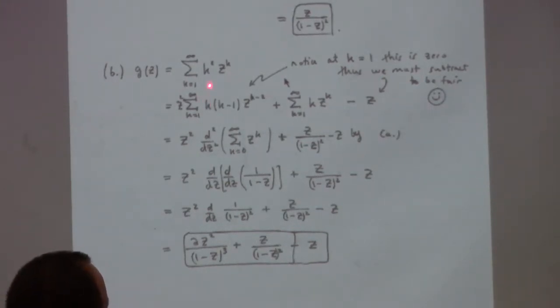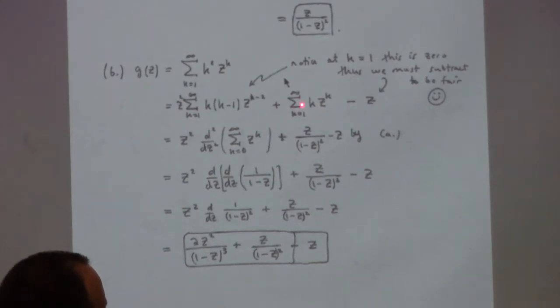So what I do here, I changed my z to the k to a z to the k minus 2 by pulling out the z squared, and then I changed my k squared to a k times k minus 1, which is to subtract k copies of this, right? So having subtracted k copies of it, I added k copies over here, right?